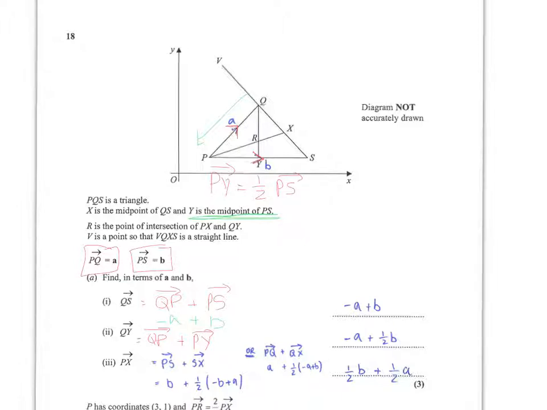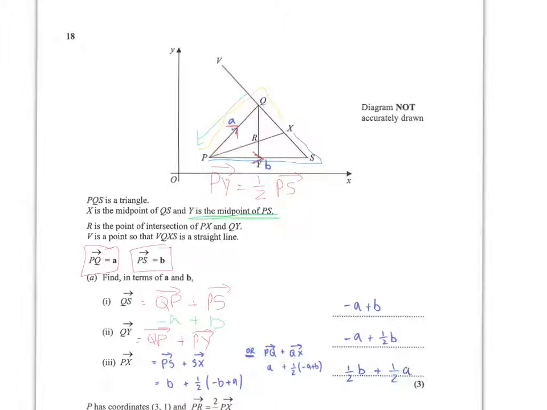P to x, well, we can either go via s, so p to s to x, or via q, p to q to x, and these will actually give me the same vector solutions.